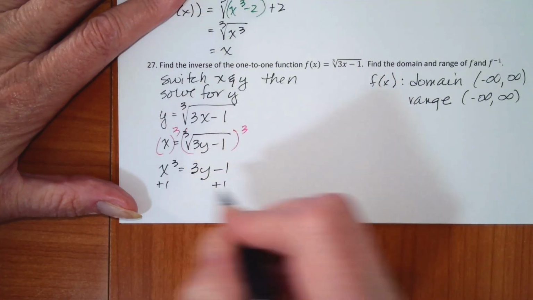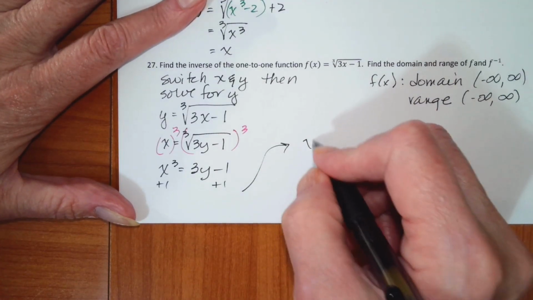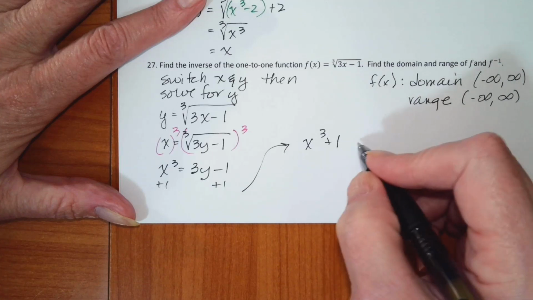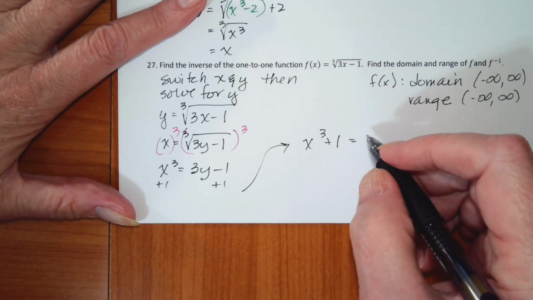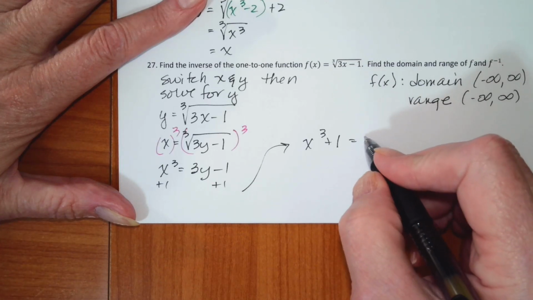Add 1 to both sides, and I'll go ahead and finish that up here. That gives me x to the third plus 1 is equal to 3y.